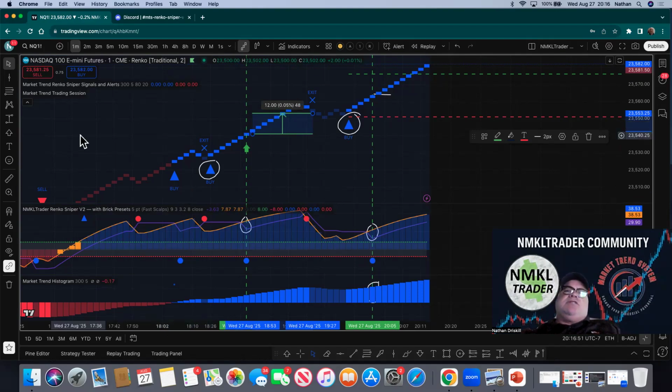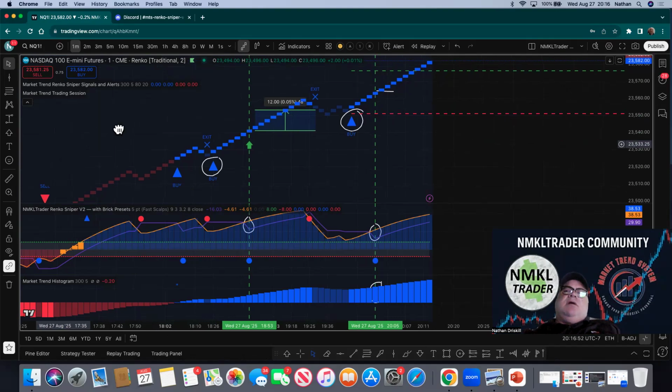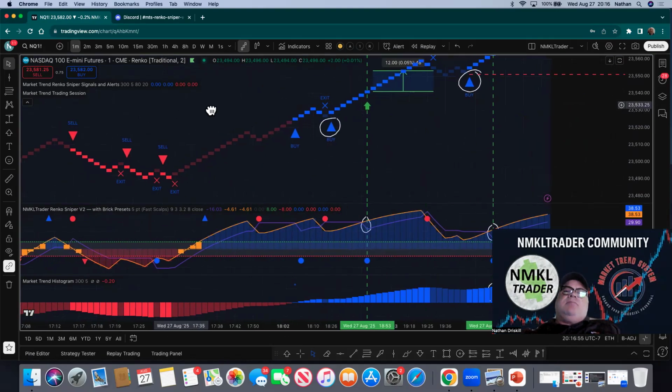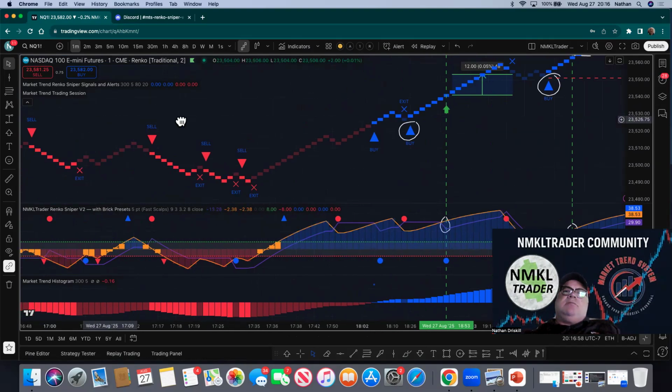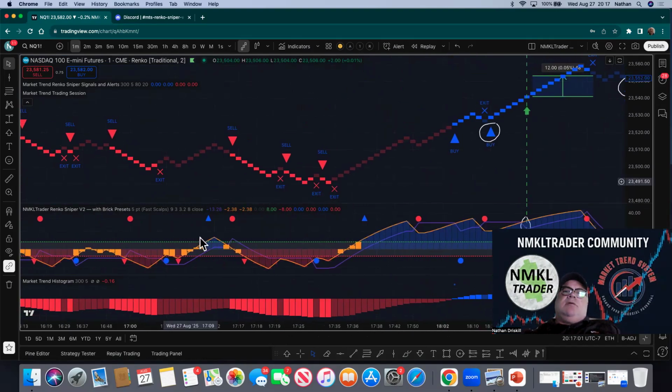Let me show you some of the benefits of the system here. Okay, when you start getting these orange bars back and forth, this is a sideways market, and sometimes it will keep you out of some nasty stuff.